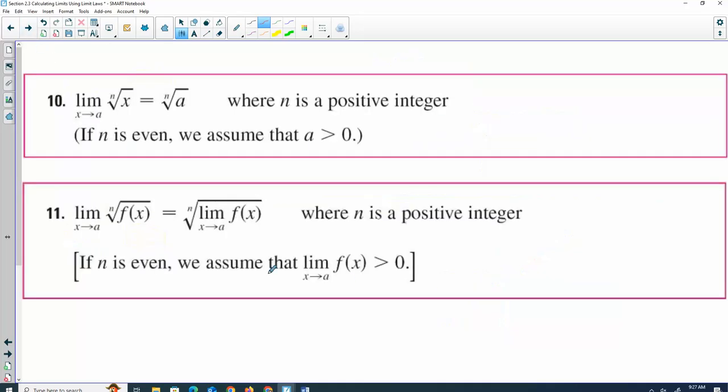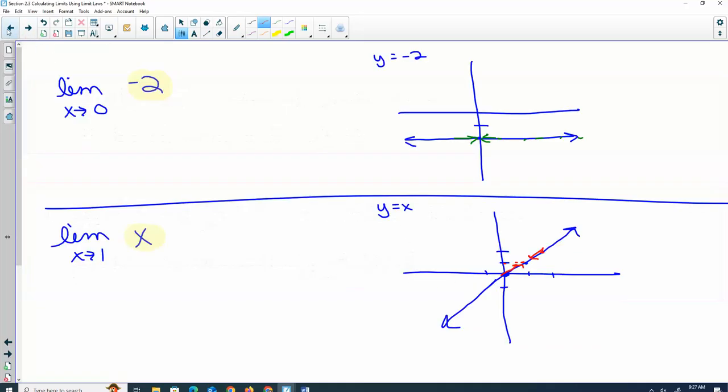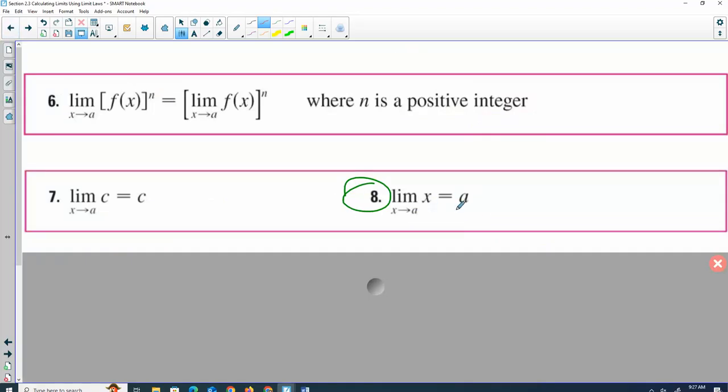So this tells us if we can take an expression and get it down to just x, we know what that evaluates to. So in other words, if I said the limit as x approaches 3 of x squared.